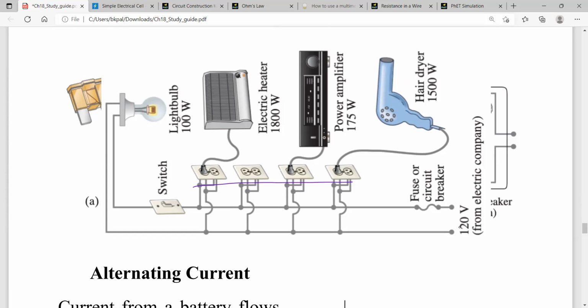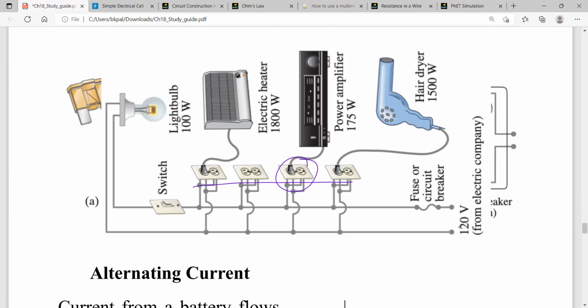The benefit of parallel connection is that if there is a problem in one circuit, the others will still be okay. But if we connect in series and there is a problem in one connection, you have to repair the whole household.